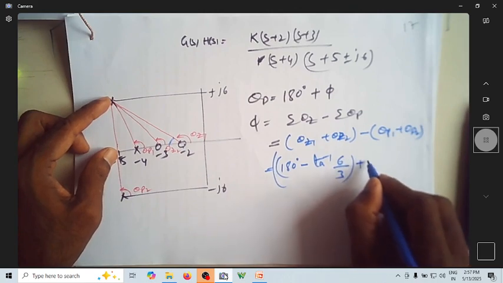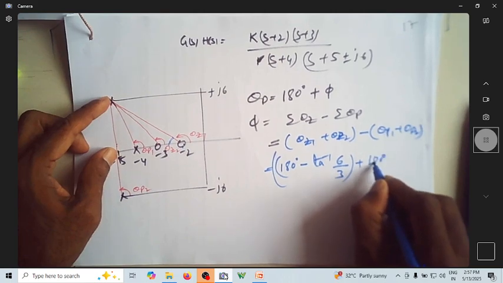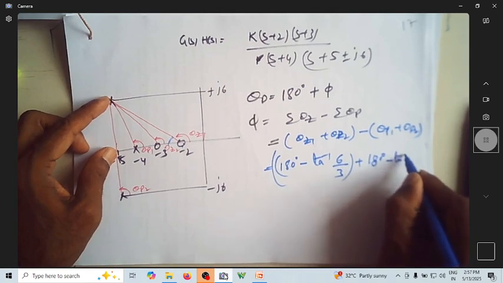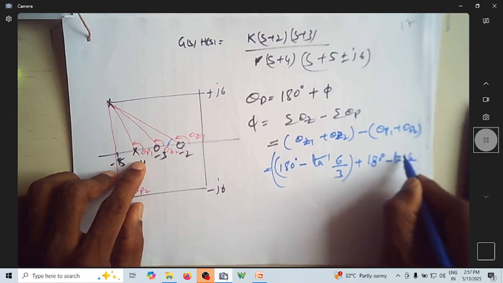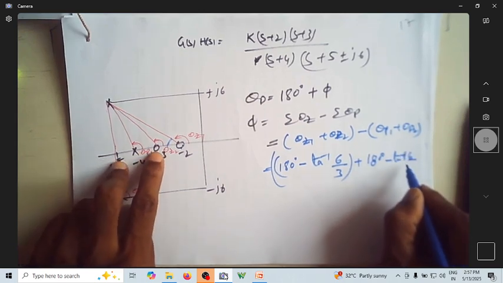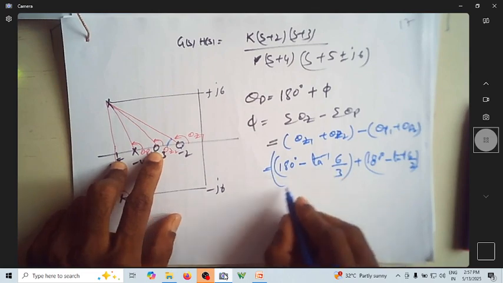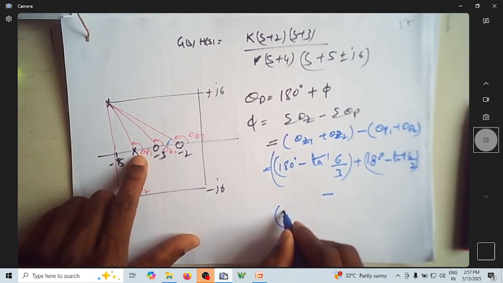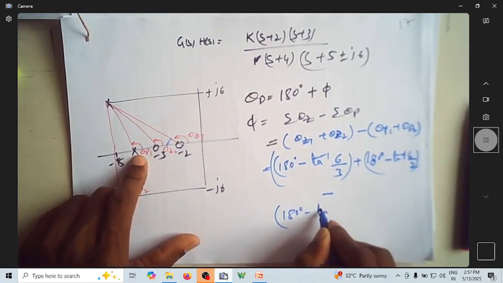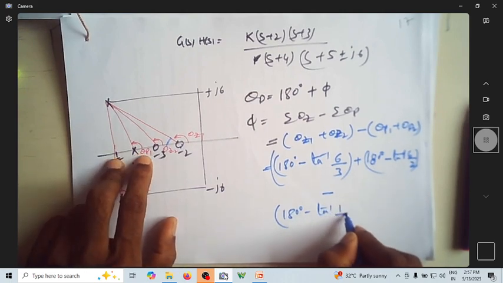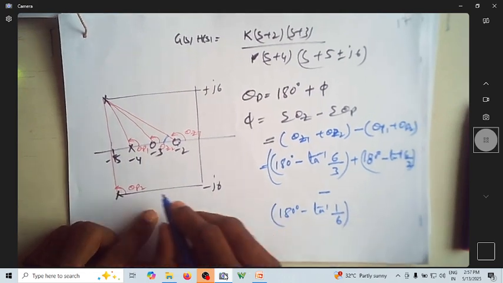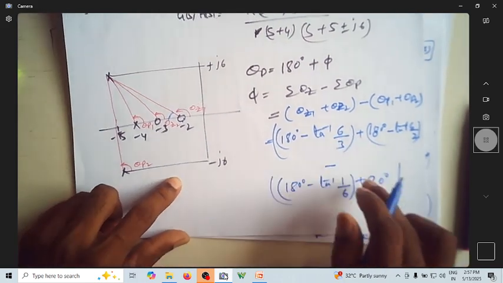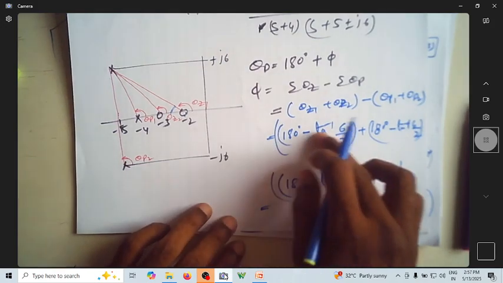So what is theta Z2? It is again 180 degrees minus, this angle is tan inverse of 6 by 2. This is theta Z2. Minus of theta P1 is this, 180 degrees minus tan inverse of, this is unit 1 by 6, and this angle is plus 90 degrees. This is theta P1. So let me find out what this is.